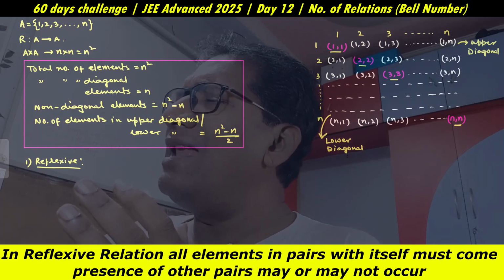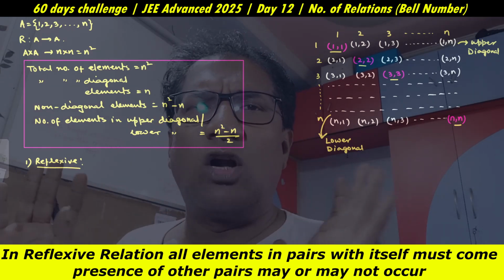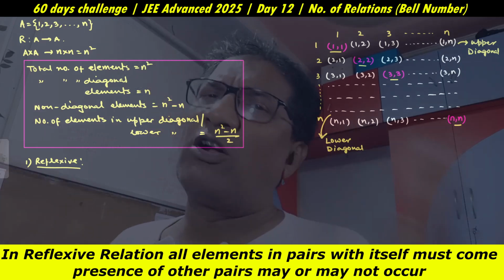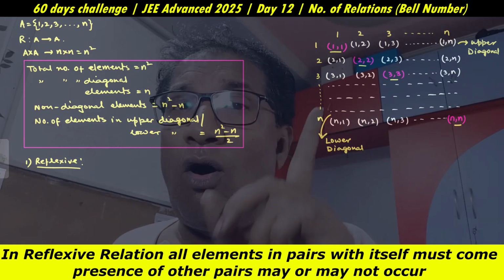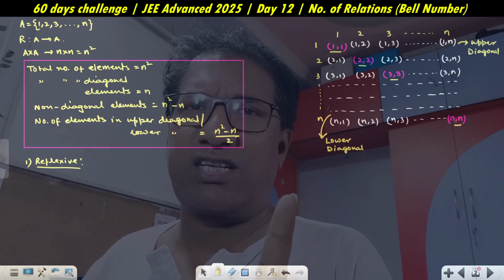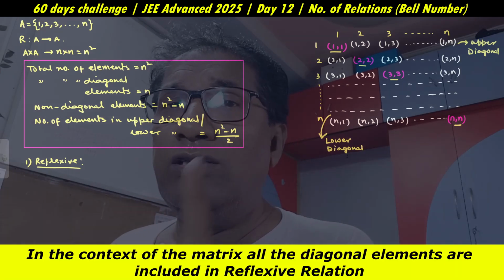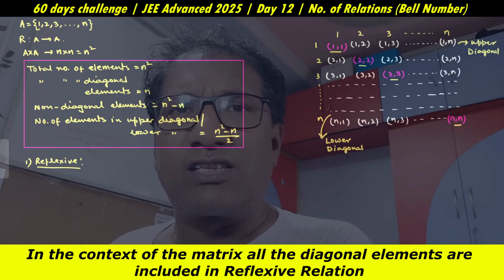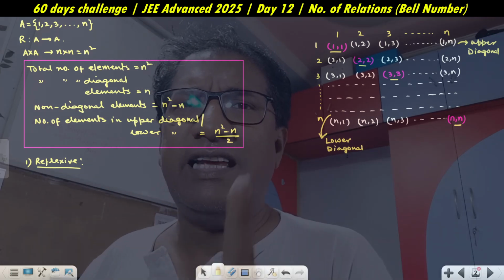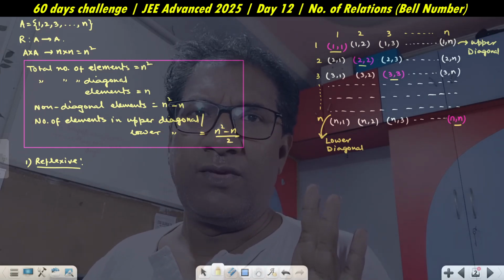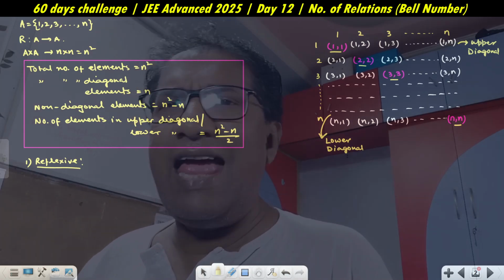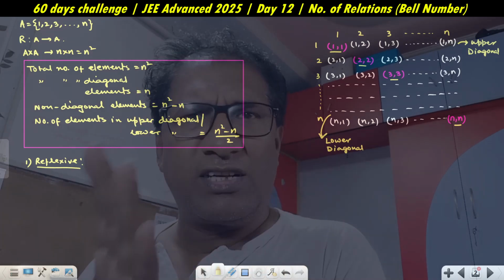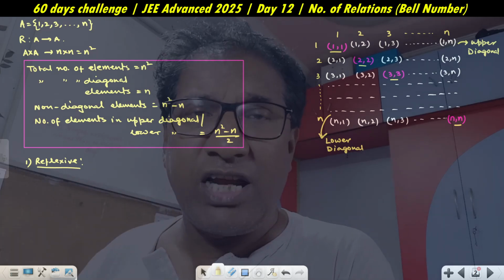Whether the other elements come or not is not my concern. They can come, they may not come. Doesn't matter to me. But all the pair elements must come. It means that all the diagonal elements of this matrix must be present in the relation. Clear? Now all these elements can come in our relation in only one way.